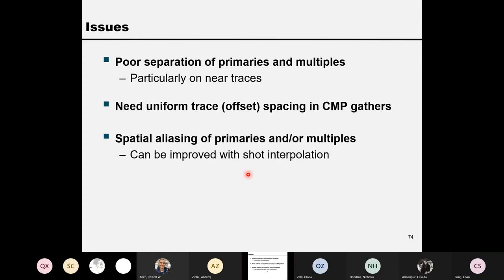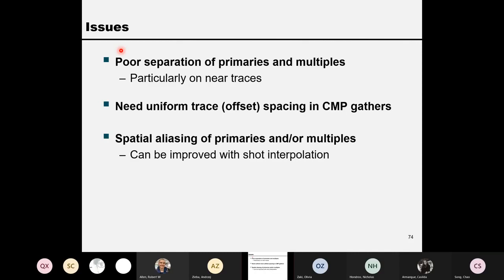Now, for the application of FK filter to do the multiple attenuation, there are a number of issues we shall consider. One, as we showed on the stack section, in the FK domain, the multiples and the primaries are not necessarily completely separate. It depends on the complexity of your data, complexity of the subsurface structure.